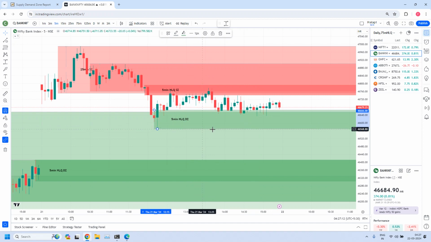When it happens, institutions keep on adding new orders into this 5 minutes demand zone, and in this 5 minute supply zone, institutions keep on adding new sell orders. That's why there is a fight between the demand and supply zones. Why equal demand and supply? Institutions keep on adding new orders, and exactly the same way, the other set of institutions keep on adding sell orders.